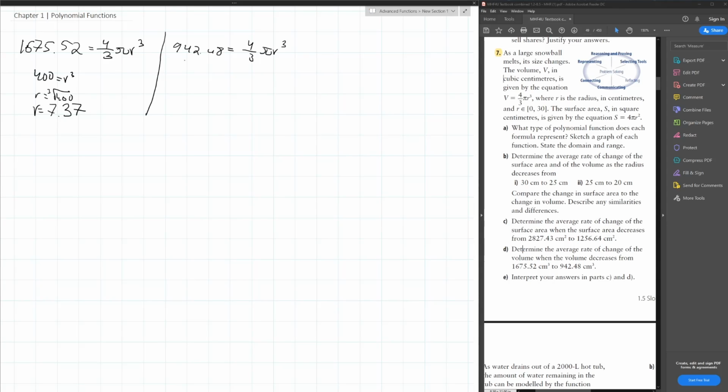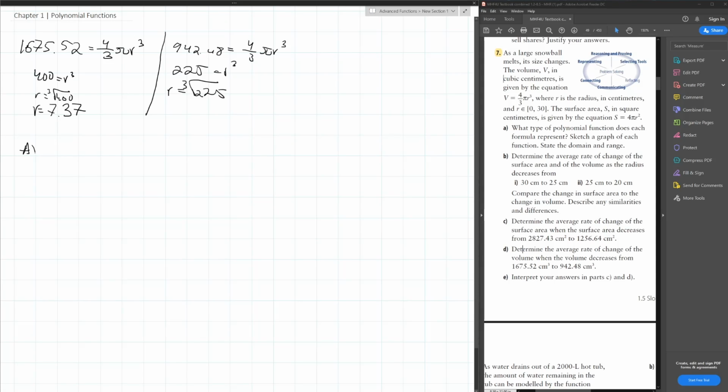Approximately 225 is equal to r cubed, so then r is equal to the cube root of 225, and let's just keep it at that.